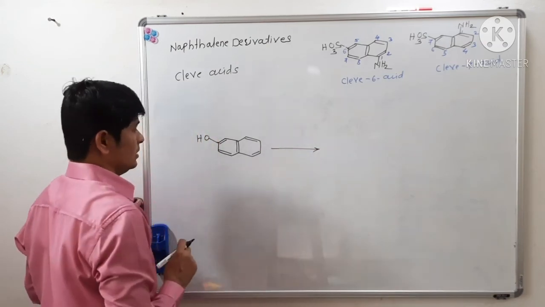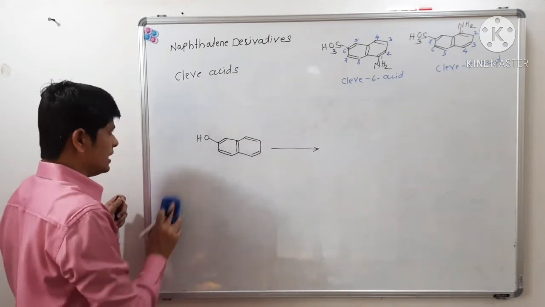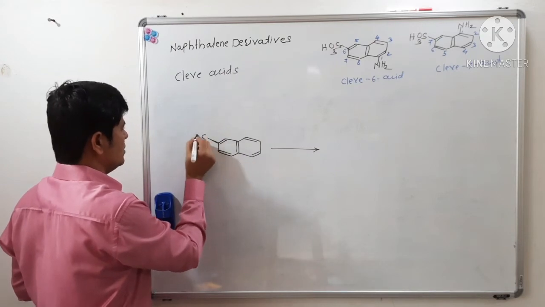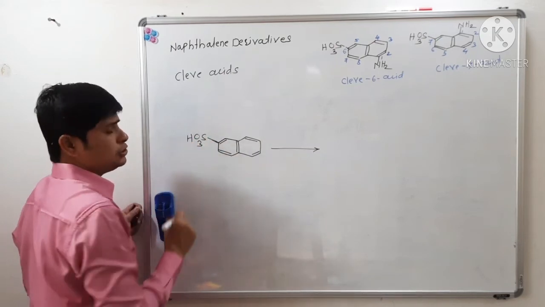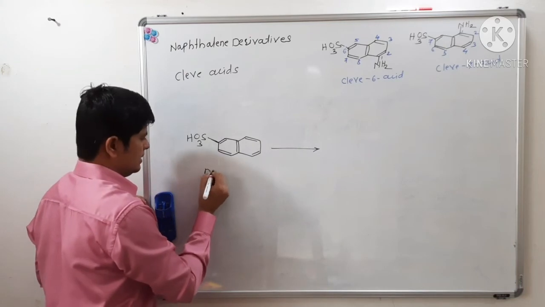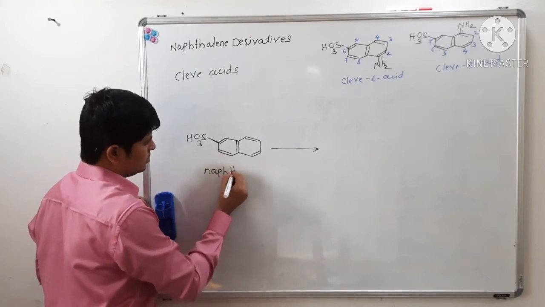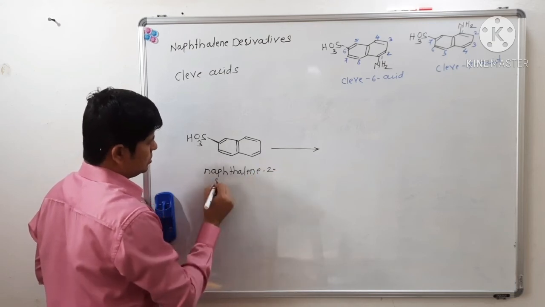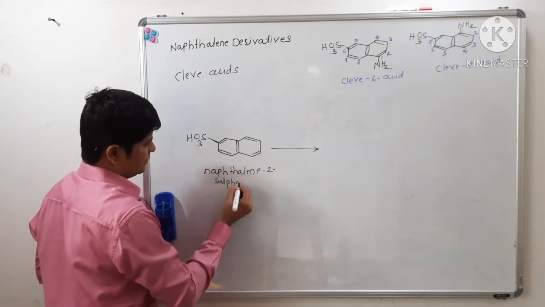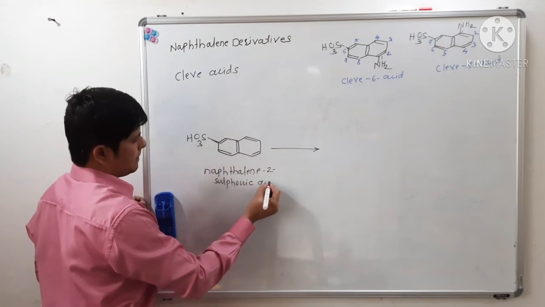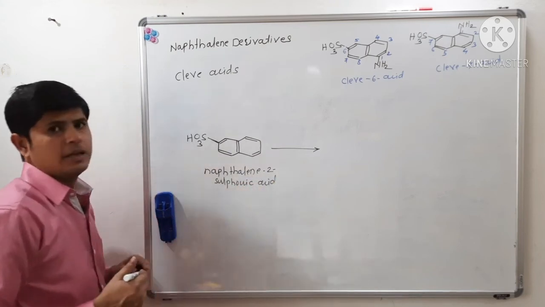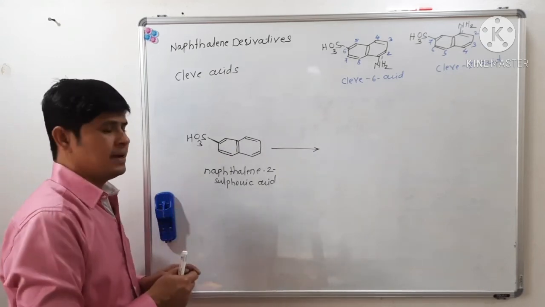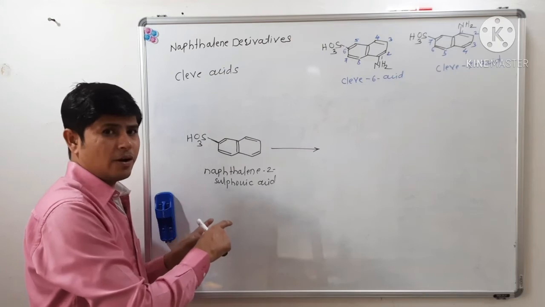Sorry, we have to start from naphthalene 2-sulfonic acid. Isn't it? For the synthesis of Cleve 6 and Cleve 7 acid, we have to start from naphthalene 2-sulfonic acid.